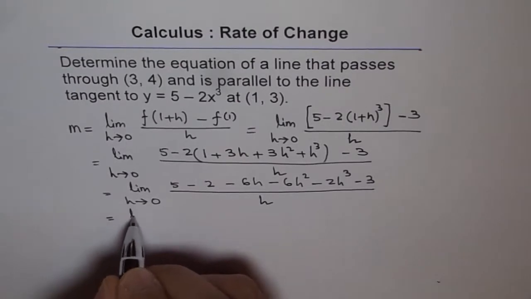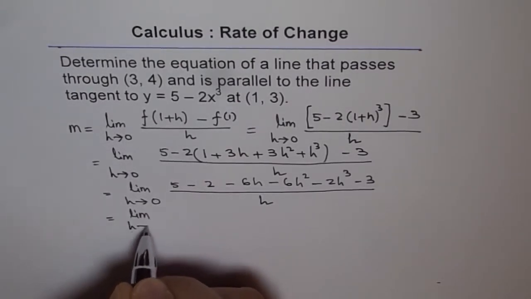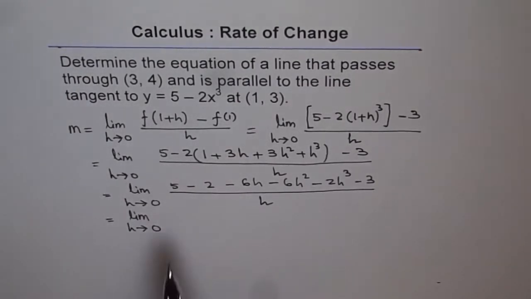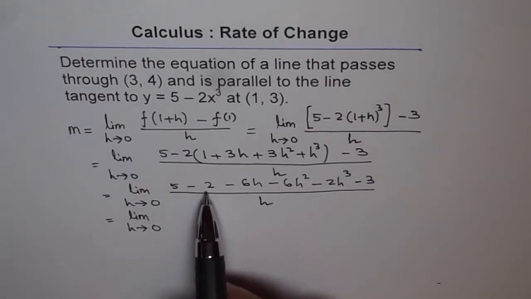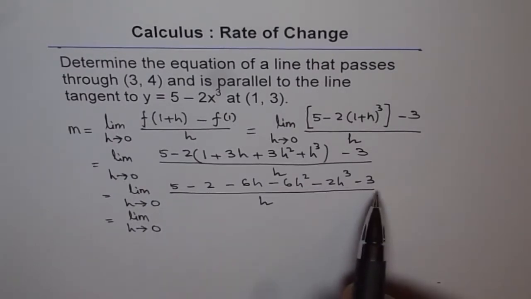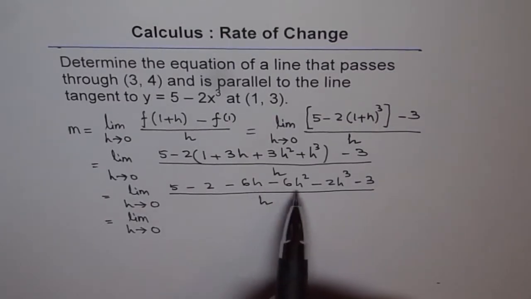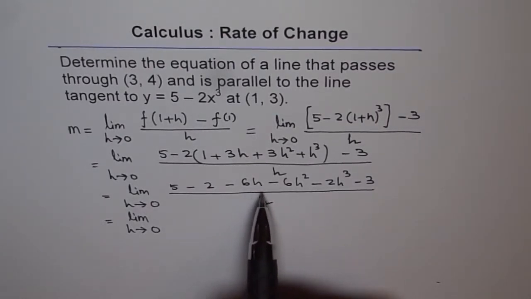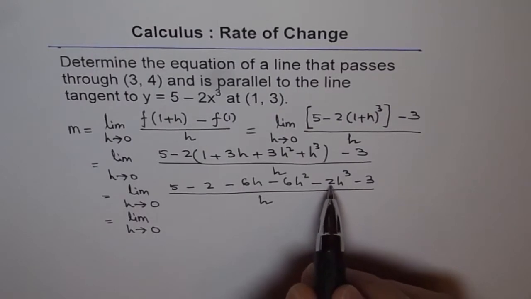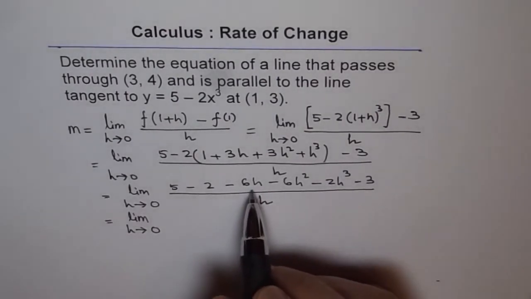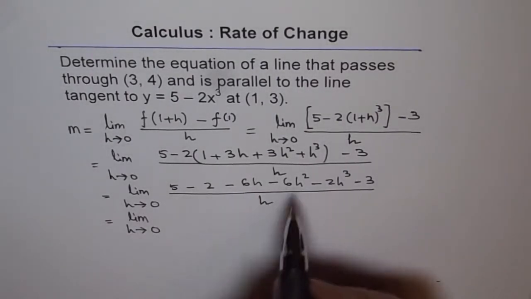This could be written as limit h approaches 0, and let's do this. 5 minus 2 is 3, and 3 minus 3 is 0. So we get rid of the constants. We are left with 3 terms, and all of them have h in it. And we can say 2h is common, right? So let's take rather minus 2h common.